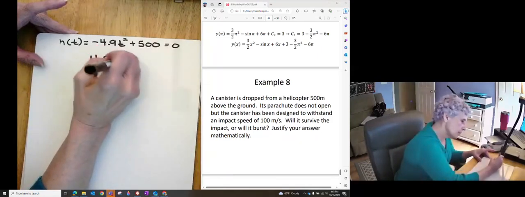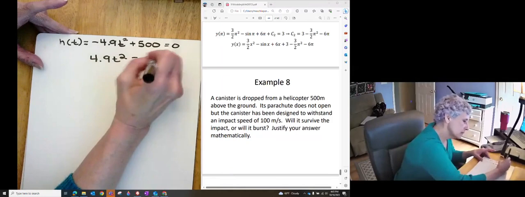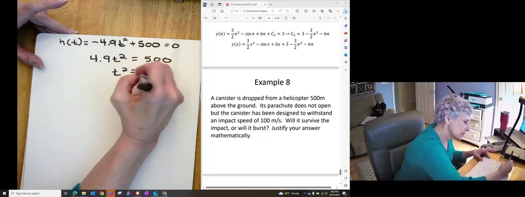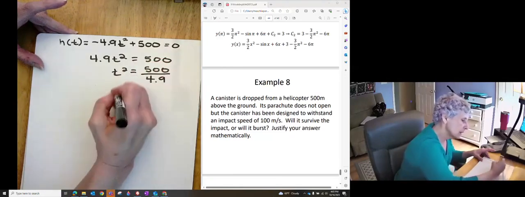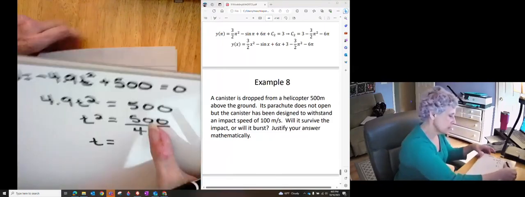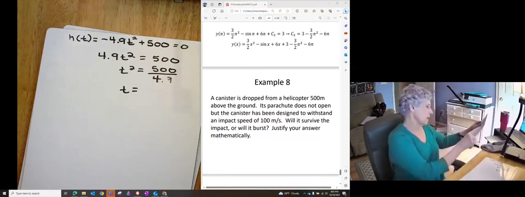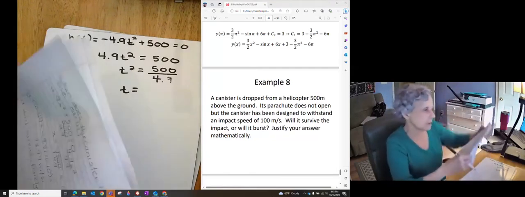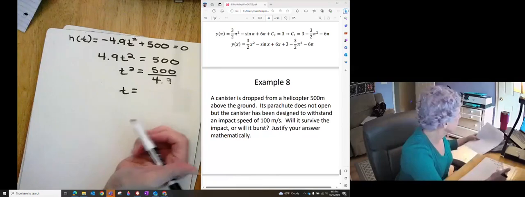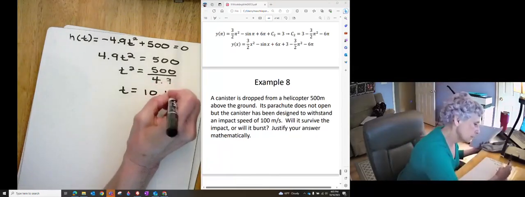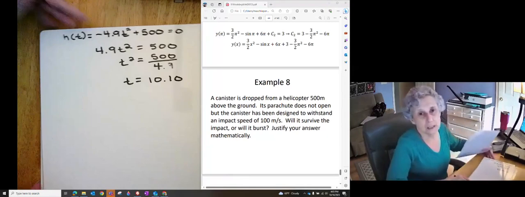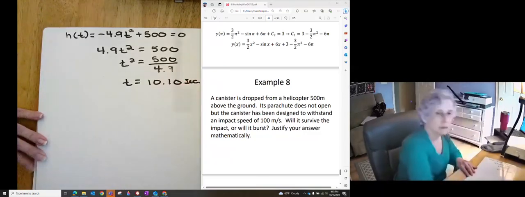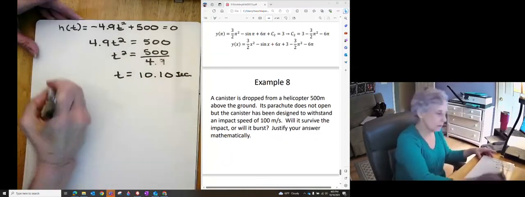So 4.9 t squared is equal to 500, so t squared is 500 over 4.9. So t is plus or minus the square root of that. And since I've already done this problem because Yuja froze up on me and I had to redo it, I already know that the answer to that is 10.10. So it takes about 10.10 seconds for the canister to hit the ground.